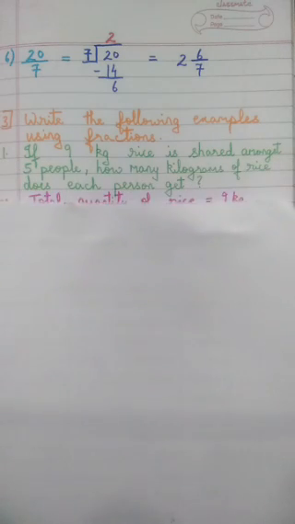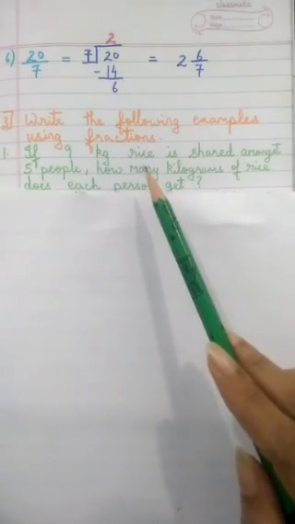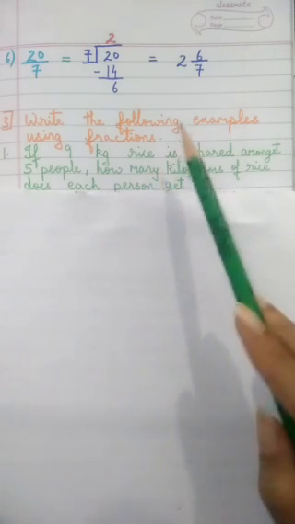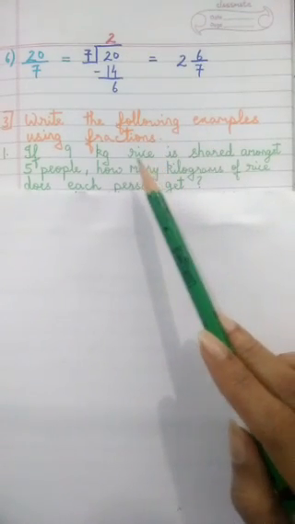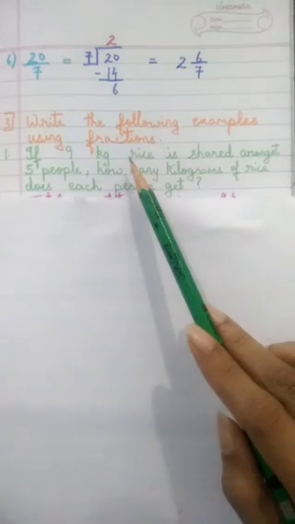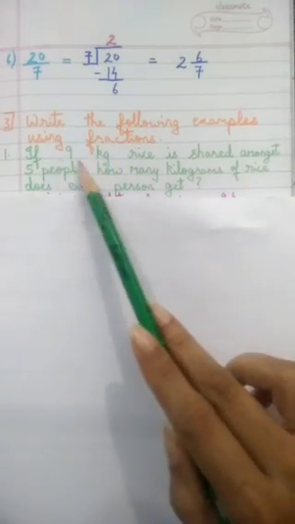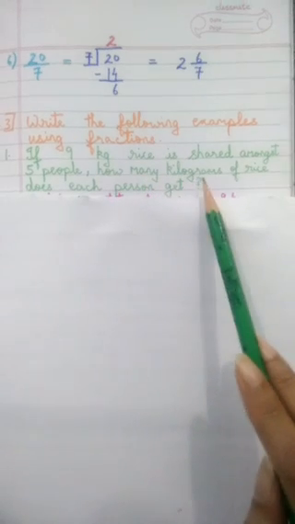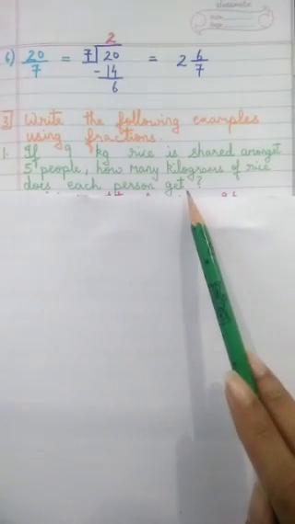Now question number 3. Write the following examples using fractions. You don't have to solve and write the answers, but you just have to write it in the form of fractions. So let's see the first one. If 9 kg rice is shared amongst 5 people, how many kilograms of rice does each person get?